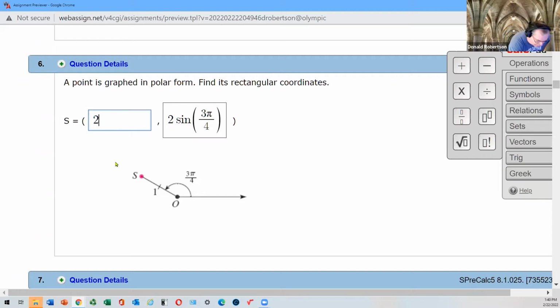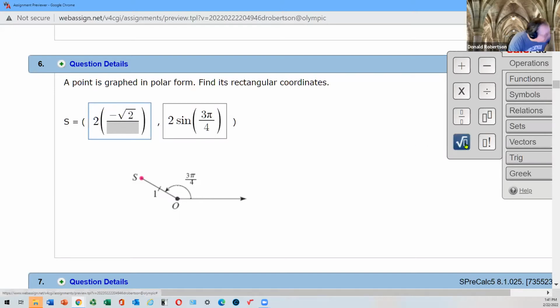And so this would be -√2/2. And the sine of 3/4 pi is positive.